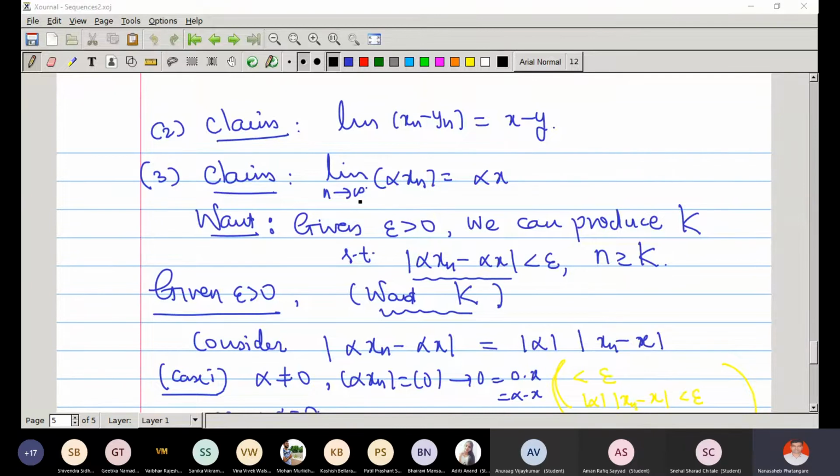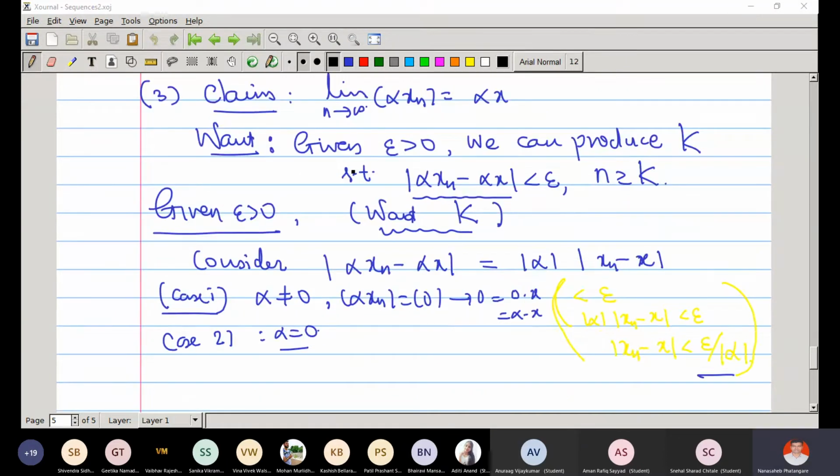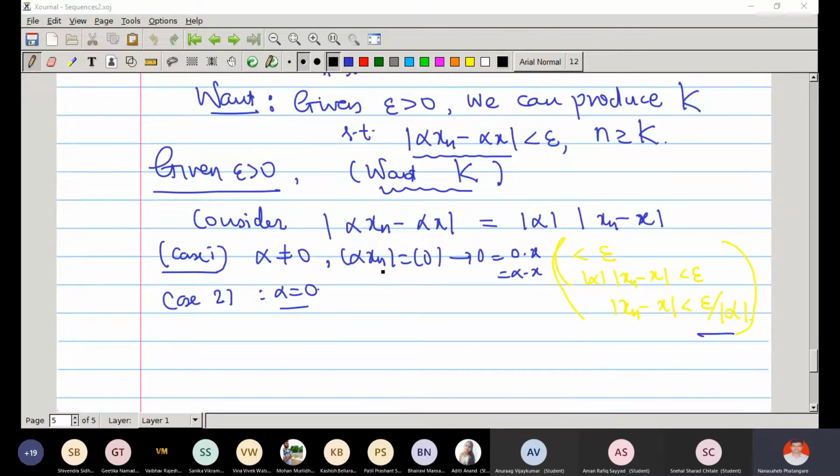So if xn converges to x, and alpha is a real number, then alpha times xn converges to alpha times x. Given epsilon, we want to produce k such that this is less than epsilon for all n greater equal k. So this we want, right?